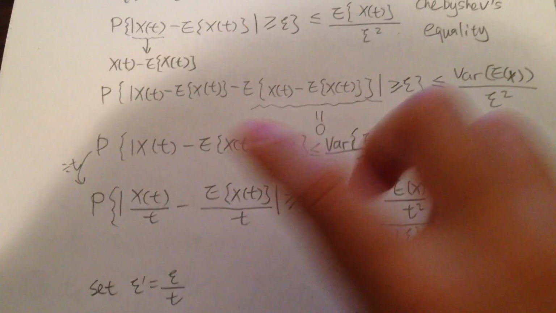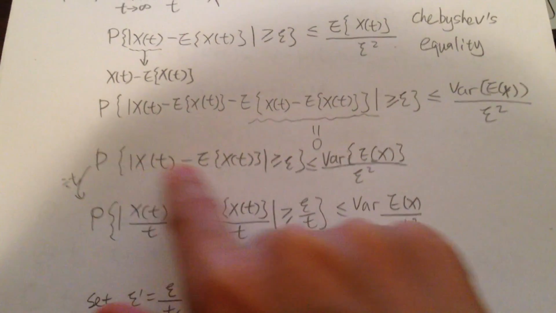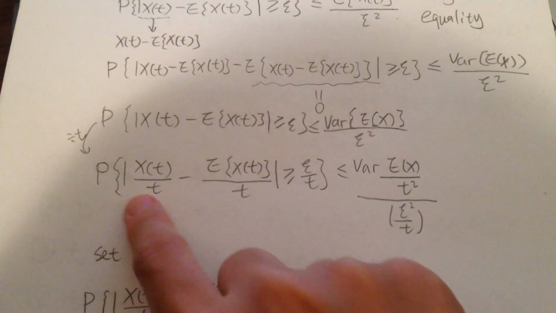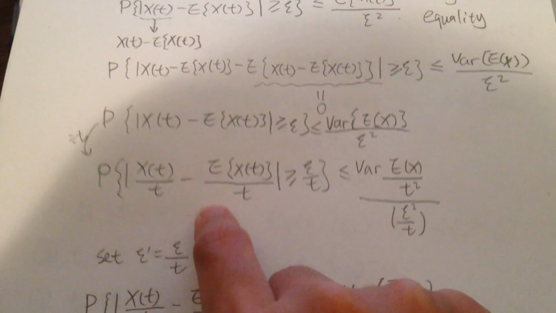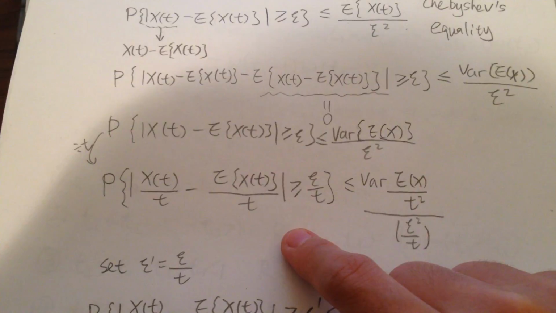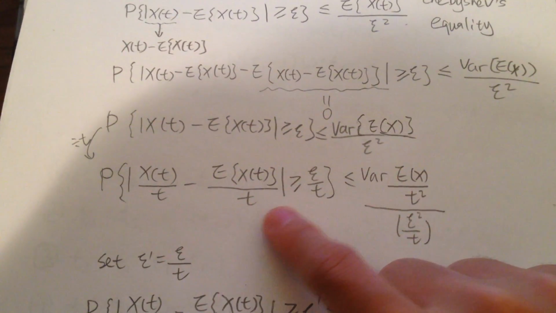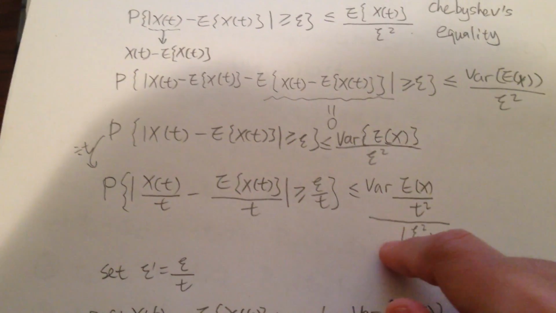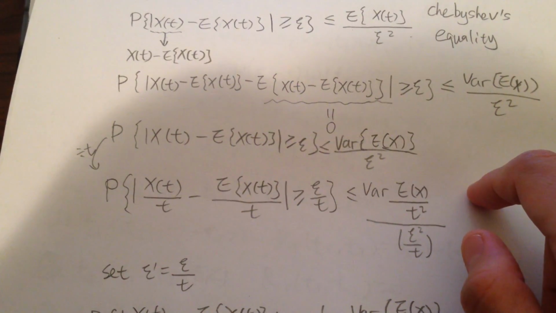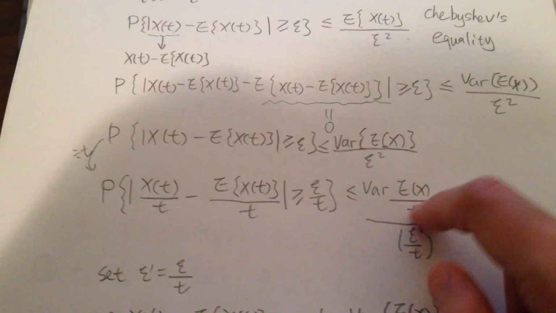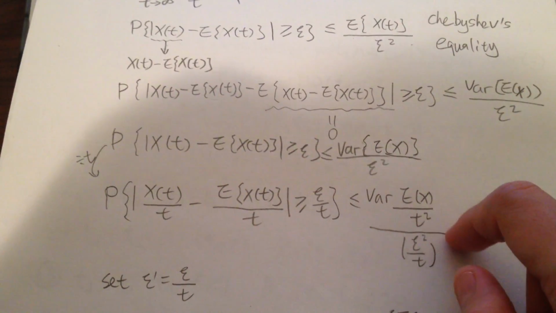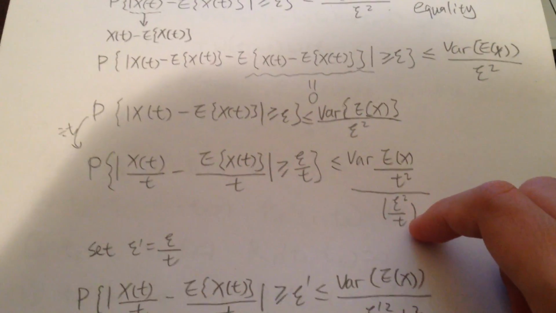And if I divide t on both sides, then we can get the probability of the absolute value of X(t) divided by t minus the expectation of X(t) divided by t greater than epsilon divided by t, less than the variance of X(t) divided by t squared over epsilon squared divided by t.